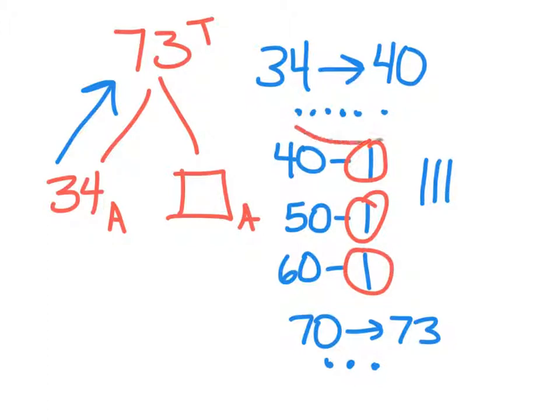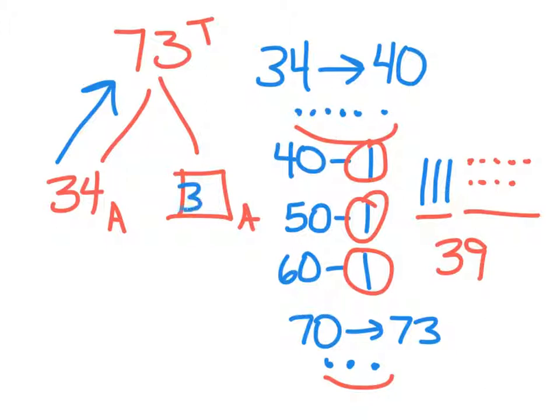And 6 ones here, plus another 3 ones down here, gives me 6 plus 3, which is 9 ones. So if I put those together, 3 tens and 9 ones is 39. So I can say that my missing number here in my box is 39.